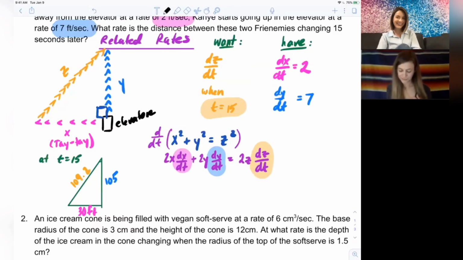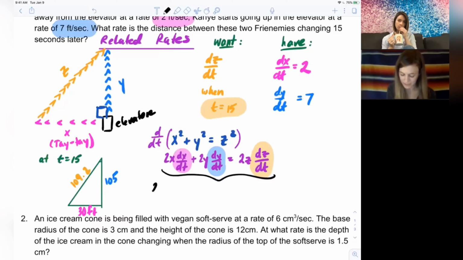So now I'm going back to this equation here. So it's 2 times x. What was x again? Taylor's distance. Oh, 30. And then dx/dt is 2.